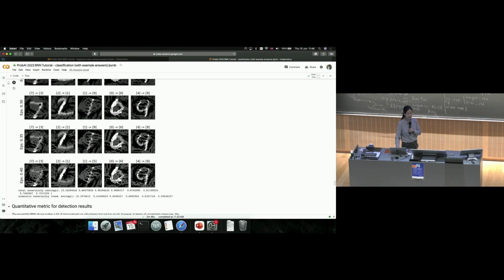Each of the models are thinking about it in the same way. That explains why, for all the models, the data uncertainty is high. They all kind of agree that they are all uncertain. Okay.